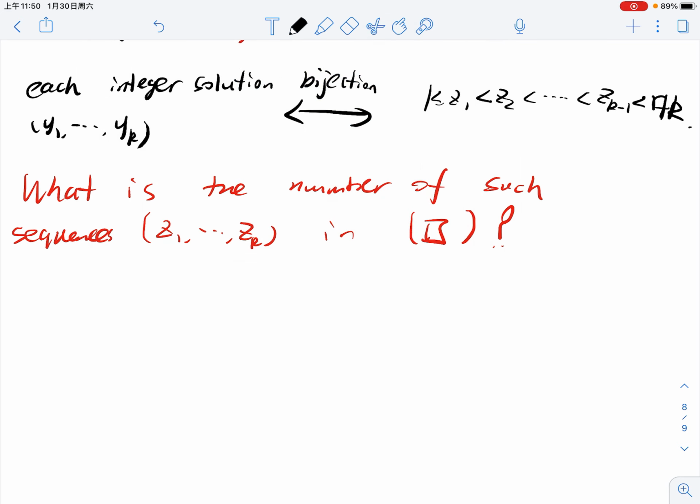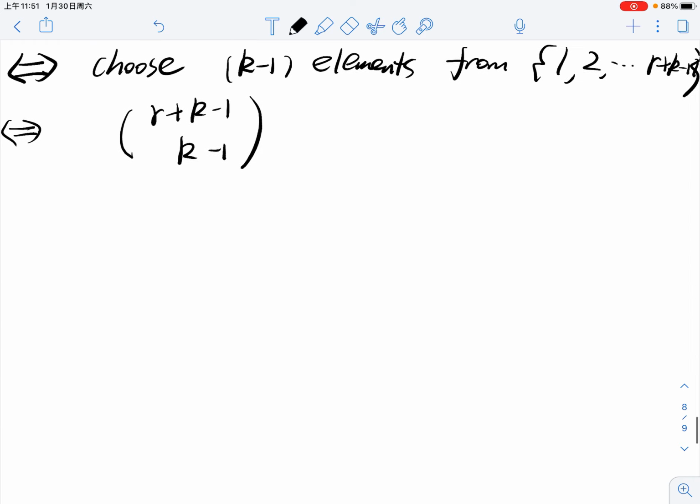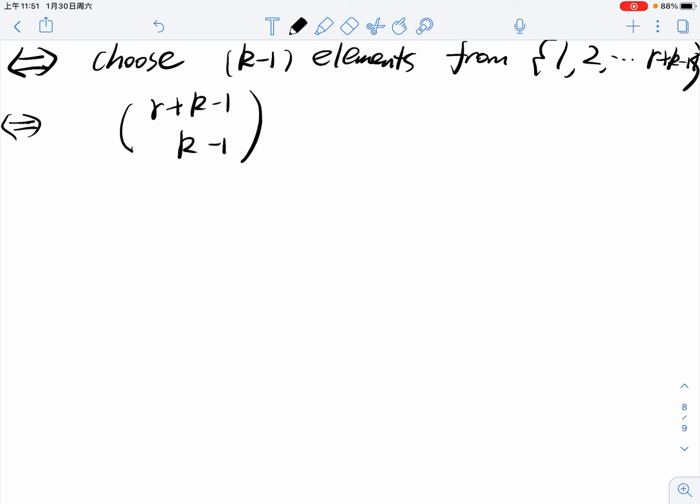That is, choose k minus 1 elements from 1 all the way to r plus k minus 1. And then the total number is just r plus k minus 1 choose k minus 1.